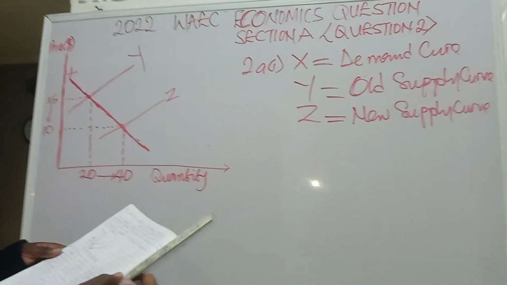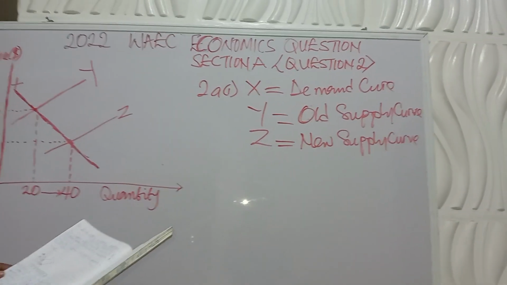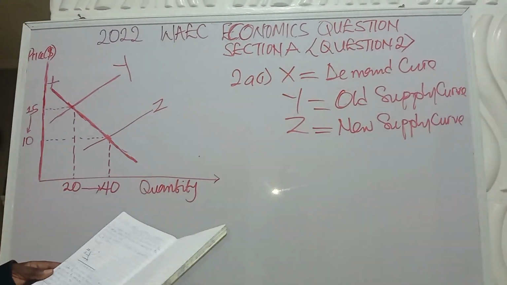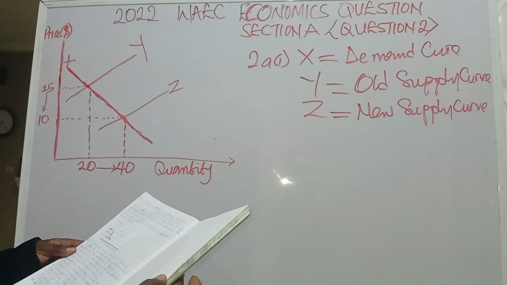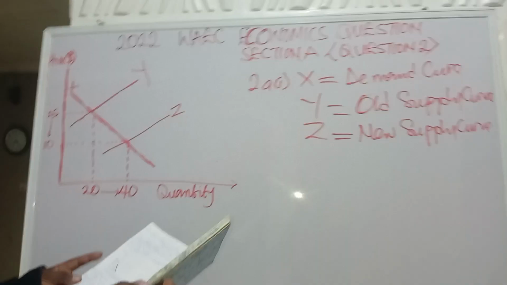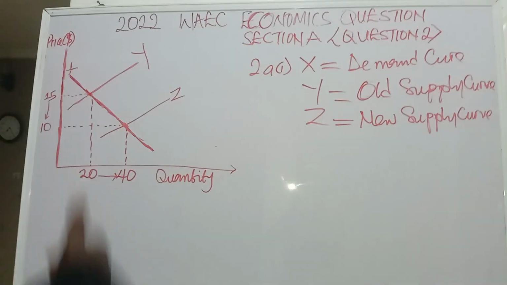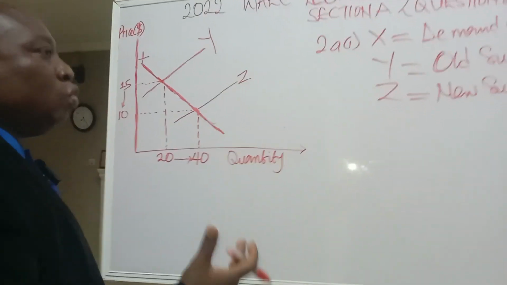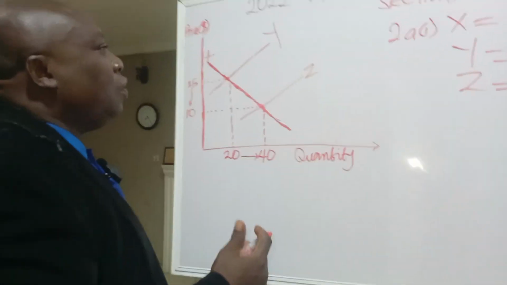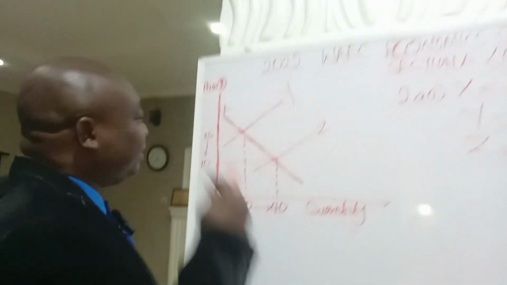Now 2A Roman figure 2 says state the direction of change in price and quantity with the introduction of subsidy. Now that subsidy has been introduced, what happened to the price? What happened to the quantity demanded?